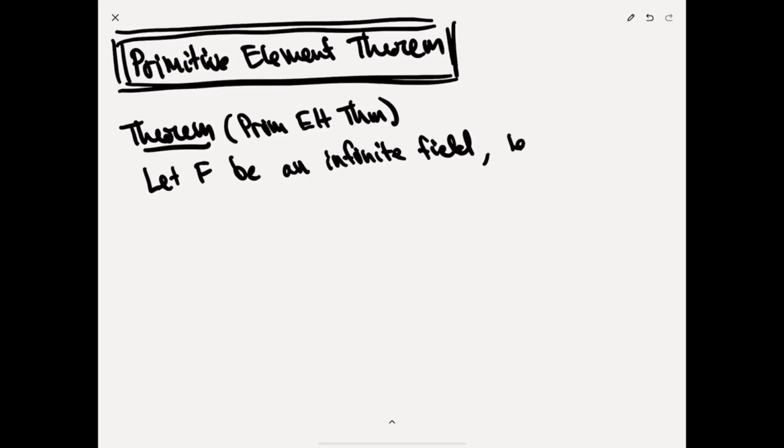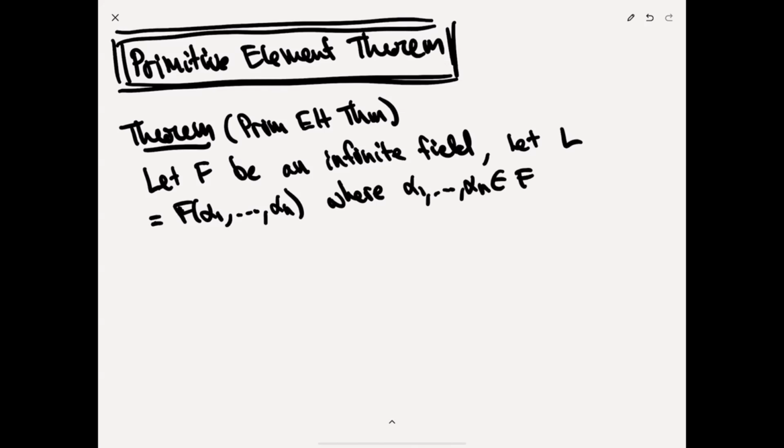And let L equal F(alpha 1, ..., alpha n), where alpha 1 through alpha n are elements of some algebraic closure of F. If you're uncomfortable with algebraic closures, just take some algebraic extension and adjoin some elements.